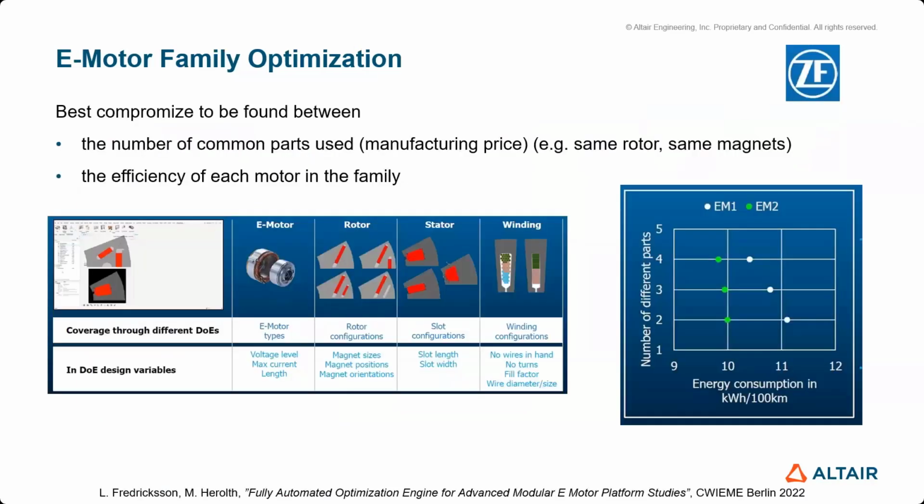And this is typically what ZF is using eMotor Director for, to find this good compromise between the number of common parts and the efficiency of each motor in the family. We see here on the graph on the right that the more common parts you have, the more sacrifice you need to make on the energy consumption. So it's really a trade-off study that you can do thanks to that.